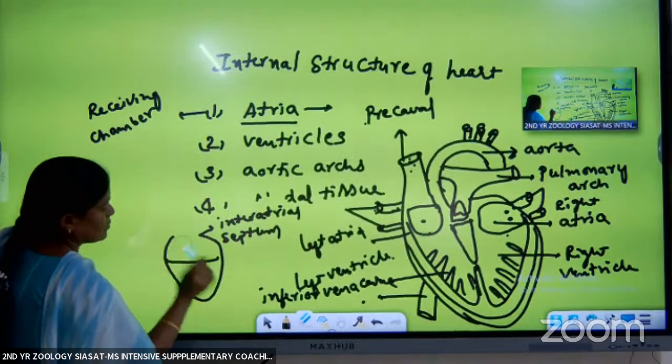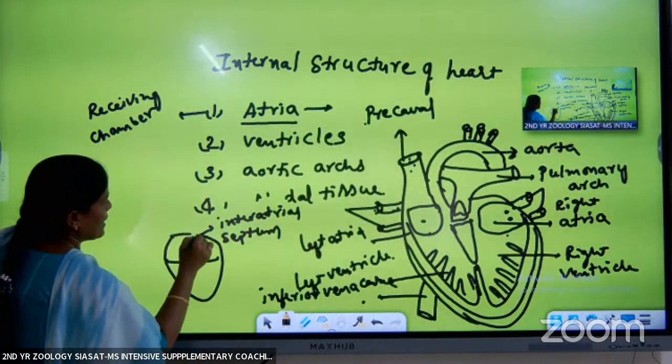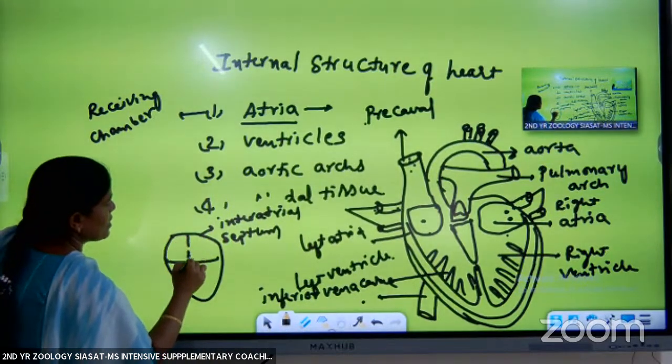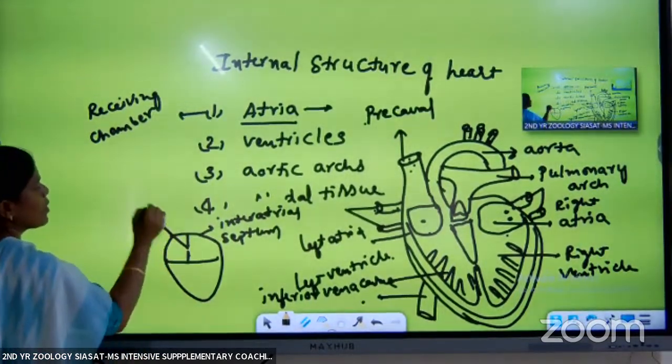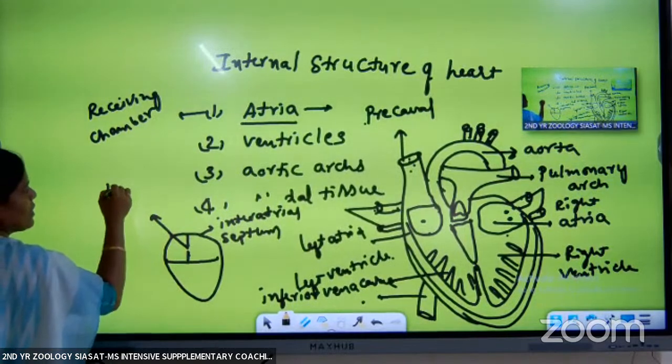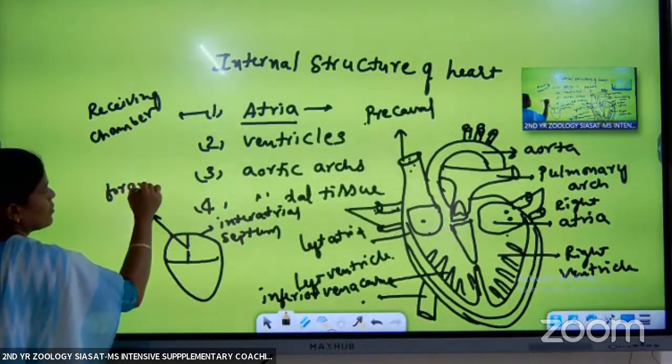The interatrial septum has a small opening in the fetal stage, and we call it the foramen ovale.